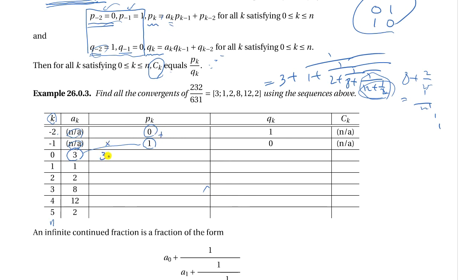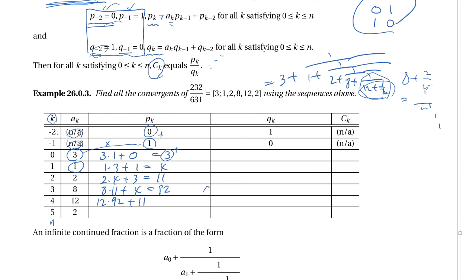So it's going to be 3 times 1 plus 0, right? So all you need is those three cells. So next one, we need to multiply these two values and add the one above. So 1 times 3 plus 1, which is 4. And 2 times 4 plus 3 is 11, right? And 8 times 11 plus 4, so 88, so 92. And 12 times 92 plus 11, okay?